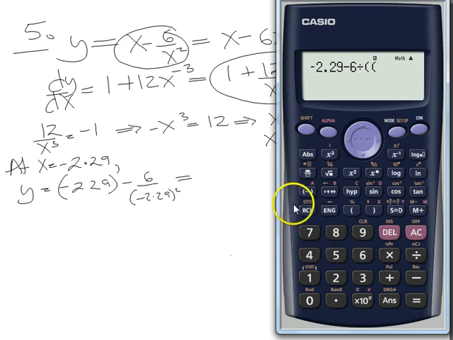Just so everyone's on board with this. 2.29 bracket, and I'm going to square that. Then I'm going to close the second bracket. So can you see that? You'll work out that first, which is -2.29 squared, and then you'll have 6 divided by the outer bracket there, which is what we wanted. So it's -2.29 minus 6 over that number equals -3.43.